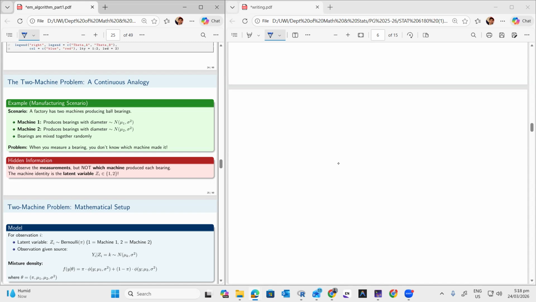Okay, and the goal is to estimate the parameter vector here in this question, say example 2.